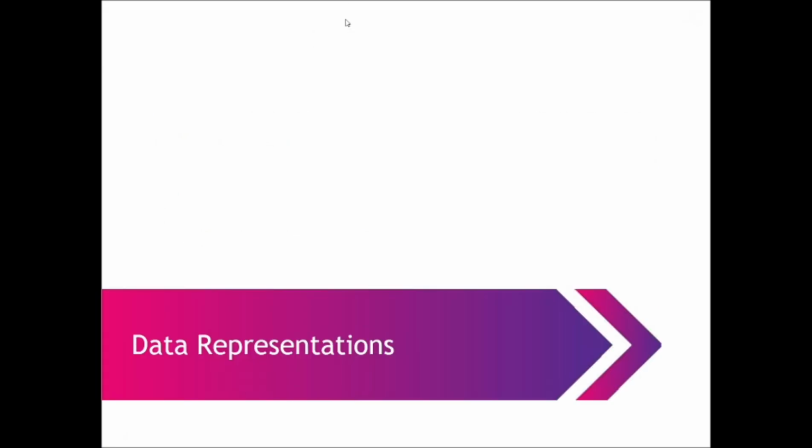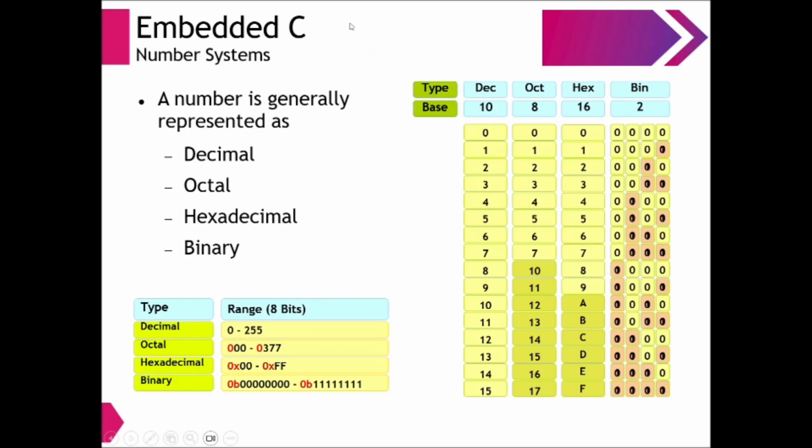If we go to data representation, like the number system in embedded C, the number system is generally represented as decimal, octal, hexadecimal, and binary. We know that decimal is base 10, octal is base 8, hexadecimal is base 16, and binary is base 2.